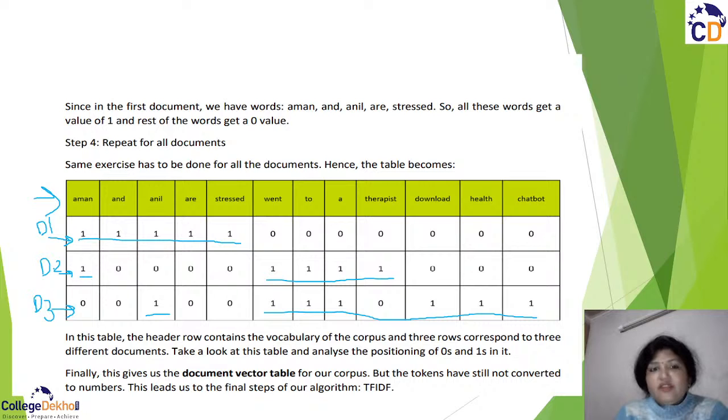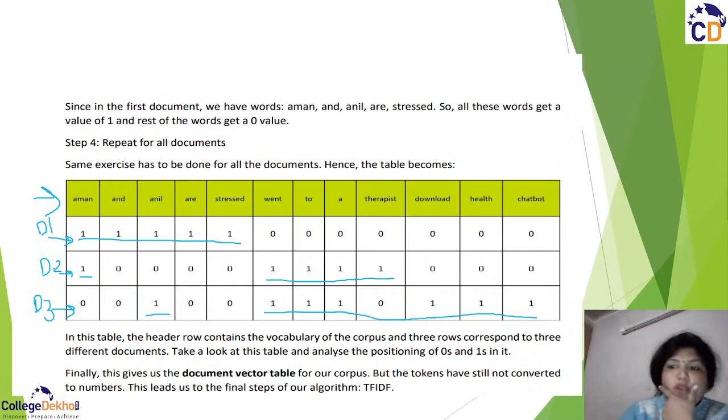And then we write down the frequency. If that particular word is present in that particular sentence, then we put 1. If it is not present, then we put 0. This is how we put 0 and 1 values into the document vector.